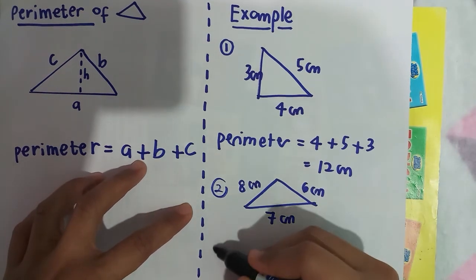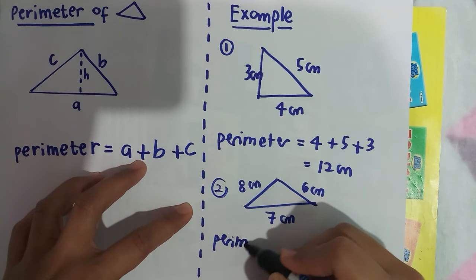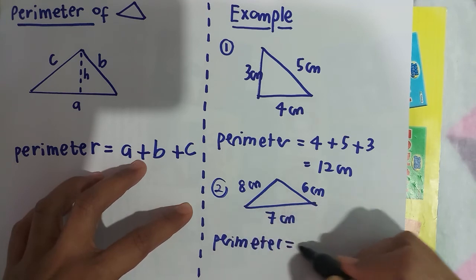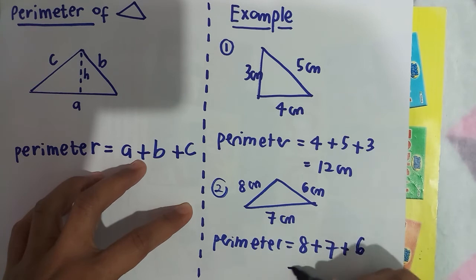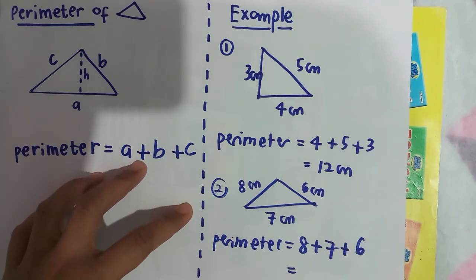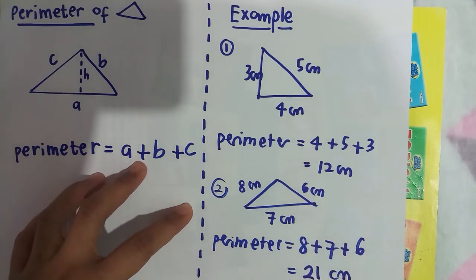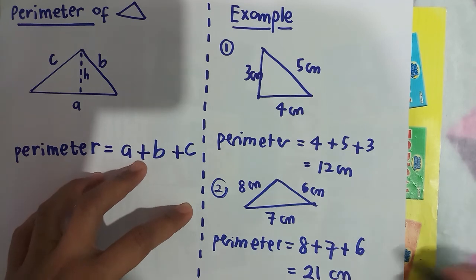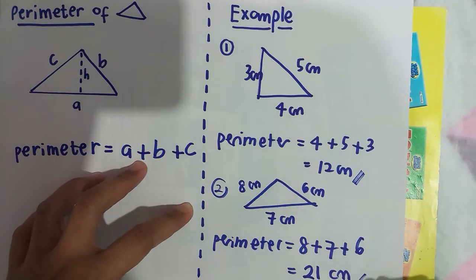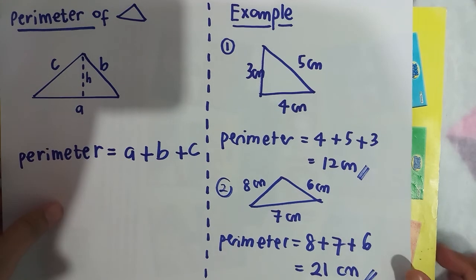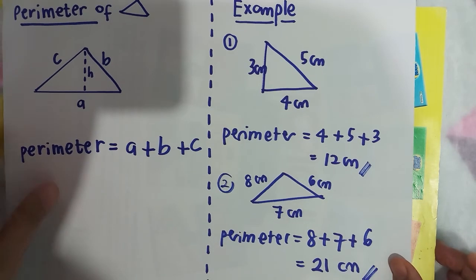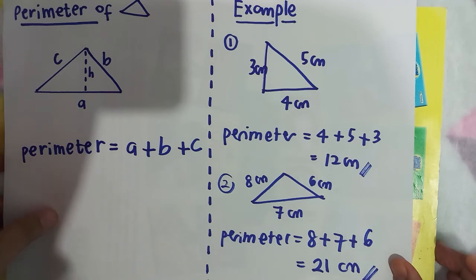What is the perimeter now? You just add all: 8 plus 7 plus 6, so you will get 21 cm. Remember, for perimeter you add all the sides.